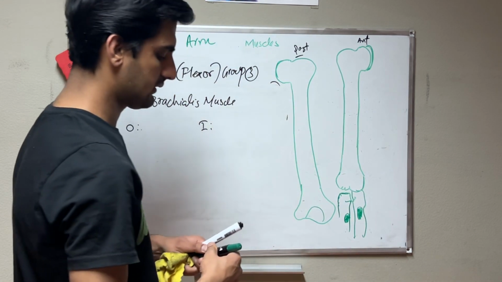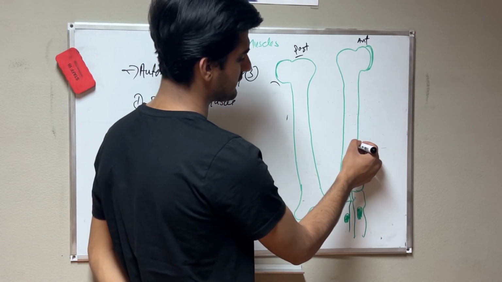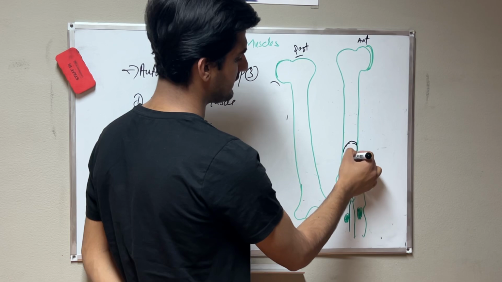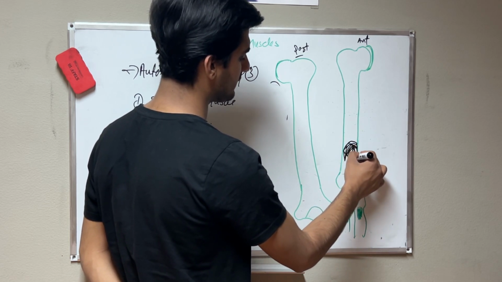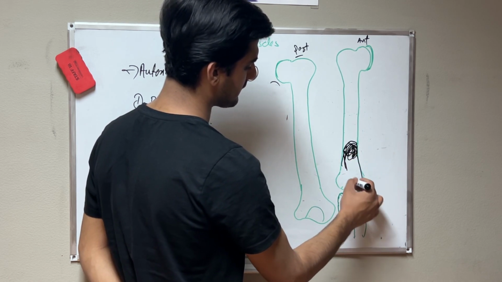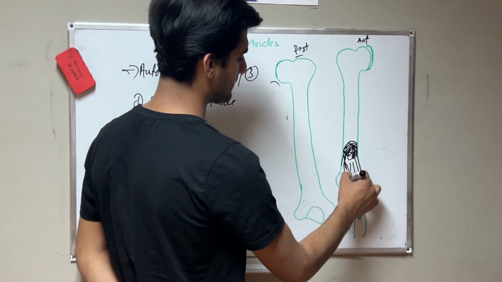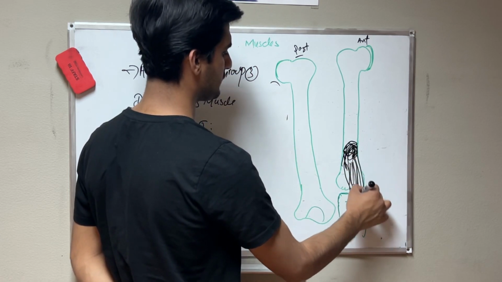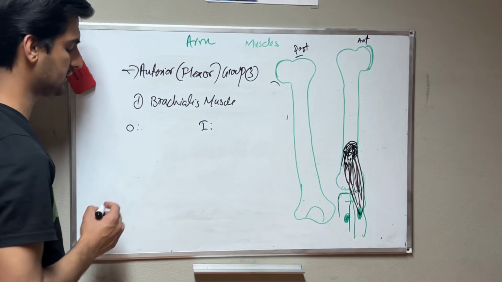Now the brachialis muscle originates from the anterior diaphysis of the humerus and is inserted into the ulnar tuberosity. These are the origin and insertion of the brachialis muscle.